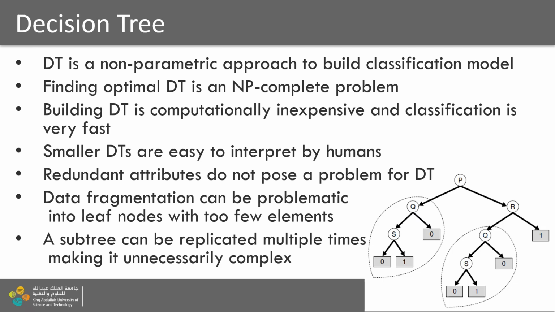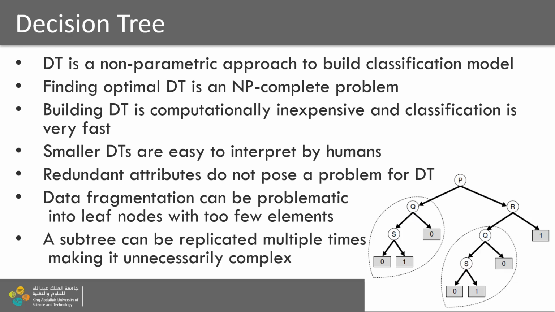So that is basically how it should be designed. And then once it's built, we know how to perform the classification. We simply let the record traverse through the decision tree, and based on its own attributes, it will find the leaf into which it will be classified.